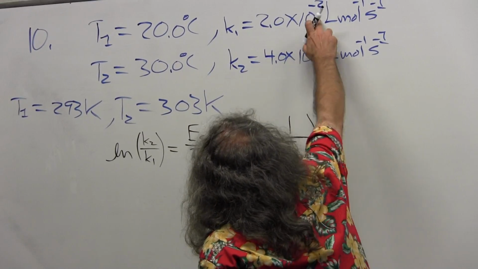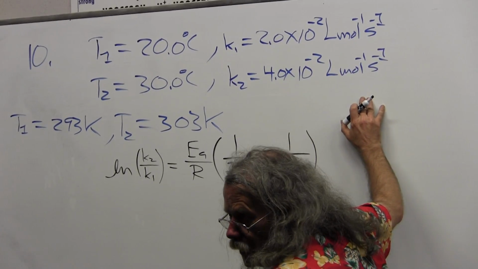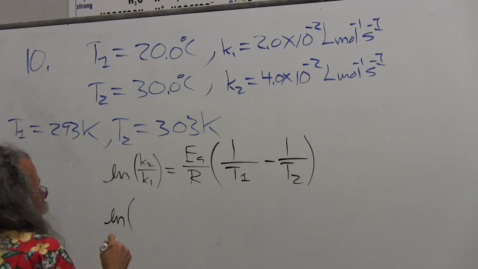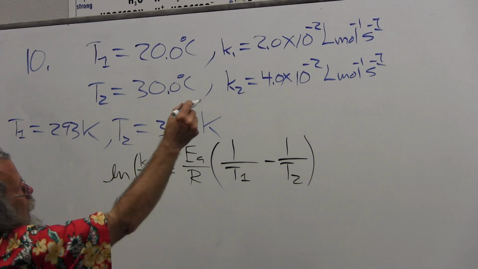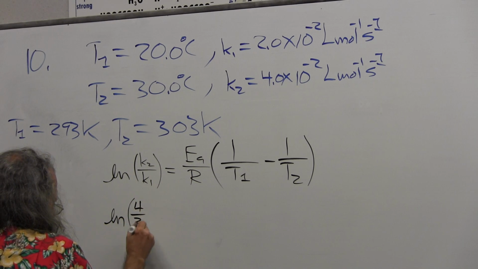Please note, 10 to the minus 2 liters per mole per second is in both of them, so I can go natural log of k2 over k1, 4 over 2.